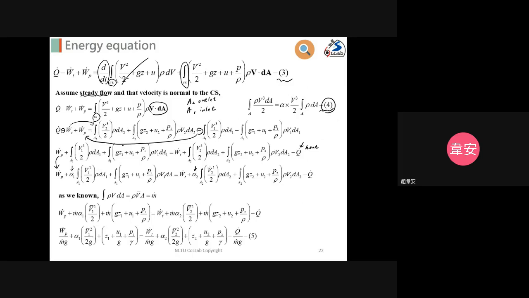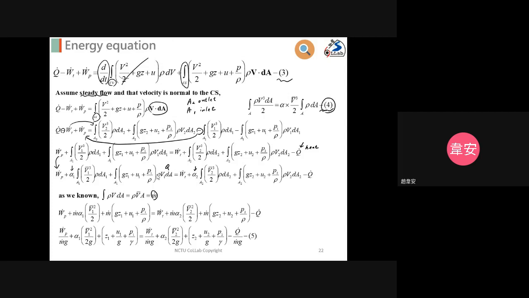And if you look inside the integrations, there is a rho V dA. And we know that V dA is the discharge. If the discharge is multiplied by the density, then we have the mass flow rate, right? And that is based on the idea that rho does not change with spatial position.